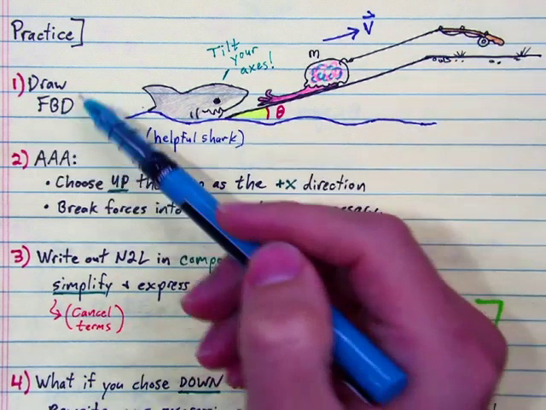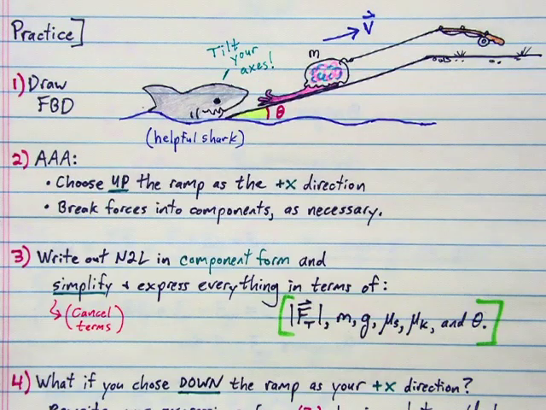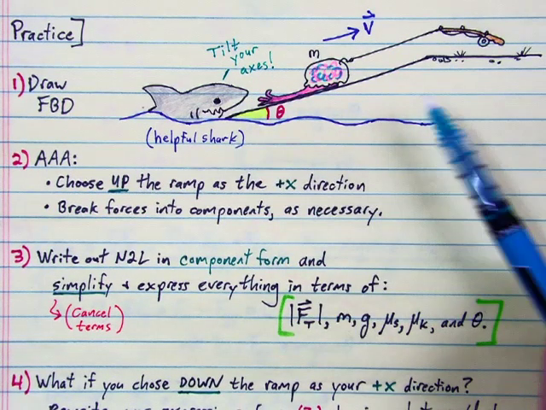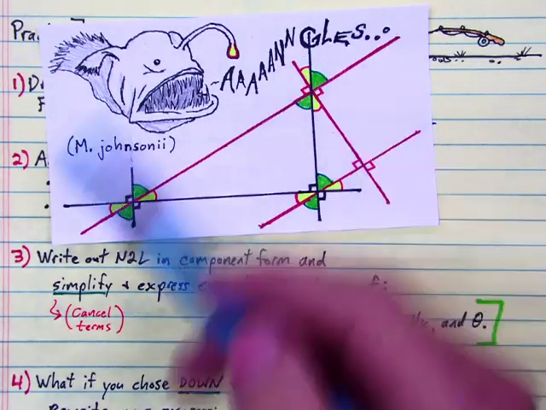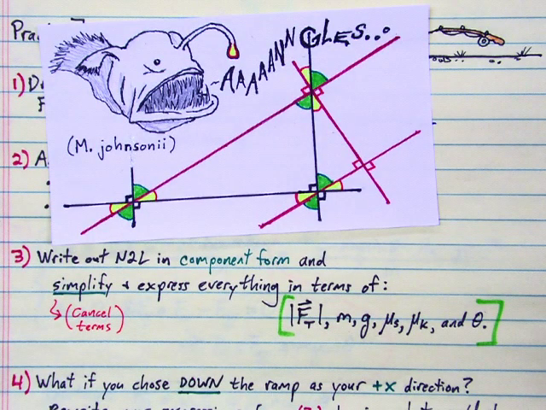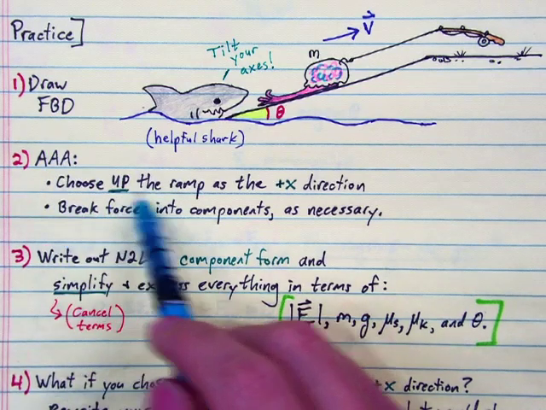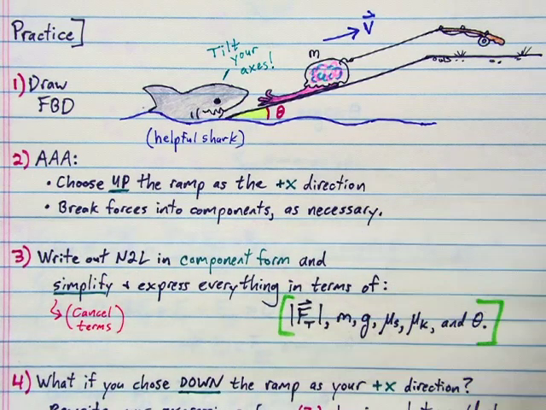I would like you to draw a free body diagram for the jellyfish as it is hauled up the ramp here. Note that this inclined plane is sort of the mirror image of the ones in the previous examples. So you may want to refer to this image to help work out which angles are congruent to which angles when you get to the next step, AAA. Choose up the ramp as your positive x direction and then break forces into components as necessary.